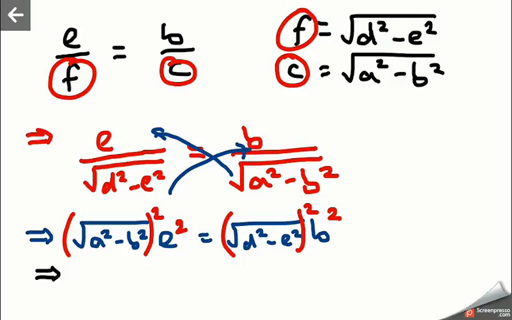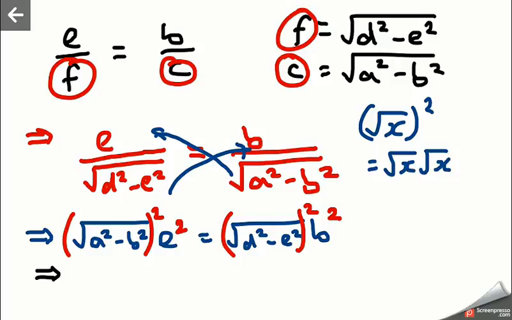So the square root of a squared minus b squared, squared, must be equal to a squared minus b squared, because the square root of x squared is equal to the square root of x times the square root of x. By definition, the square root of x is the thing that when you multiply it by itself, you get x. So the square root of x squared is equal to x.